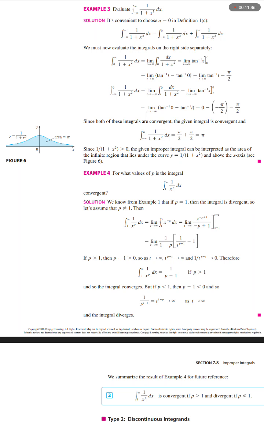Since 1 over (1 plus x squared) is greater than 0, the given improper integral can be interpreted as the area of the infinite region that lies under the curve y equals 1 over (1 plus x squared) and above the x-axis. See figure 6.